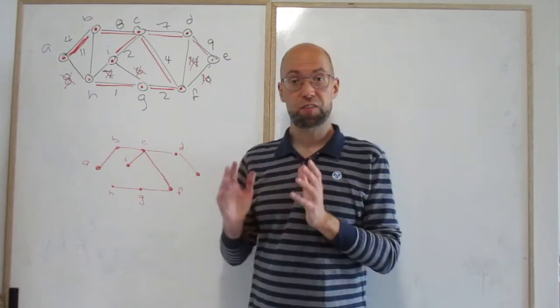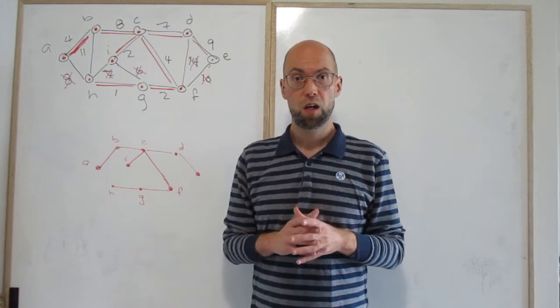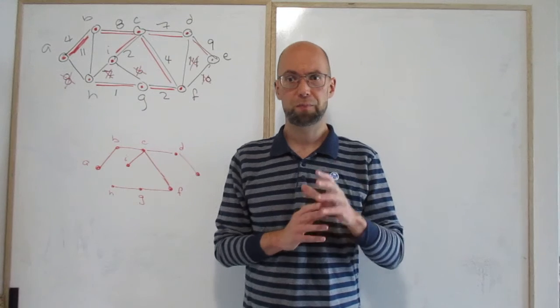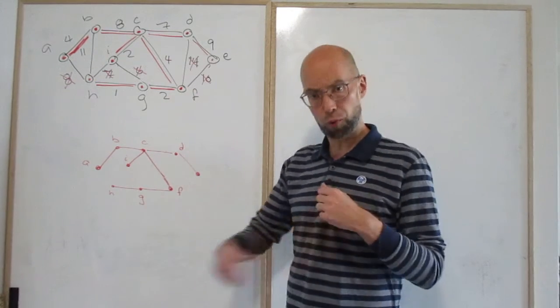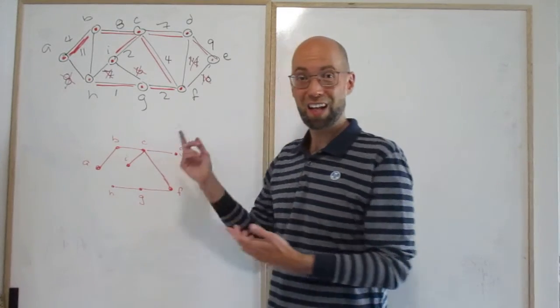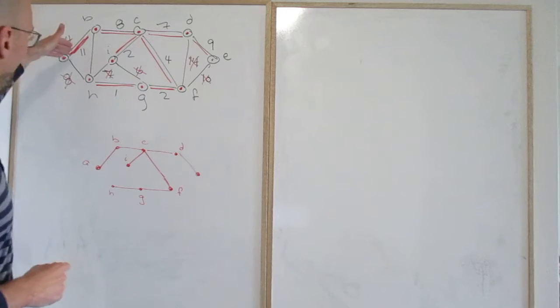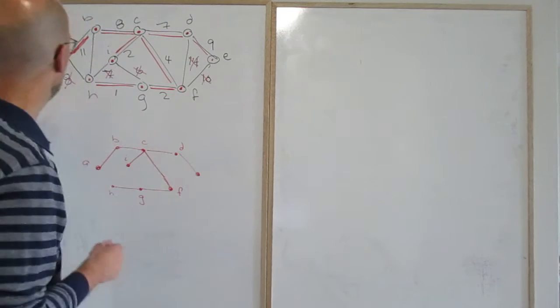So what's nice about Prim's? You always have a tree. Okay. What's not so nice about Prim's? Well, with Kruskal's, you just sorted the edges, and then you just process them in sorted order. In Prim's, you're adding the edges, so you're keeping a priority queue.